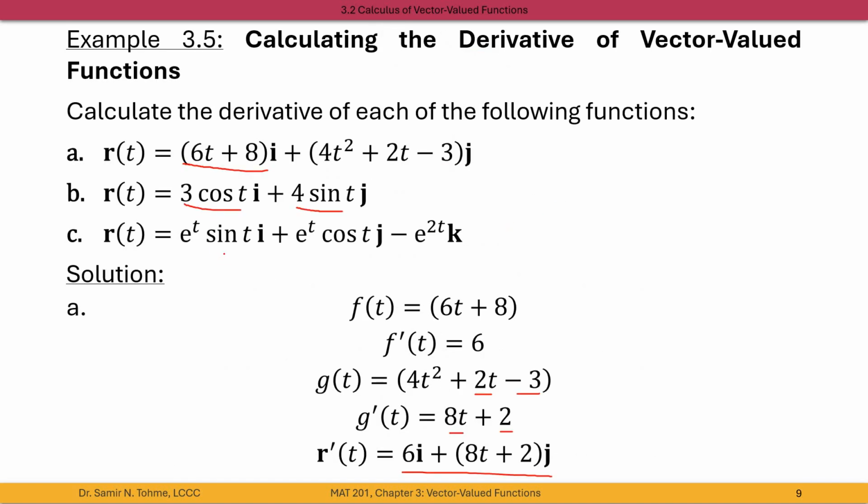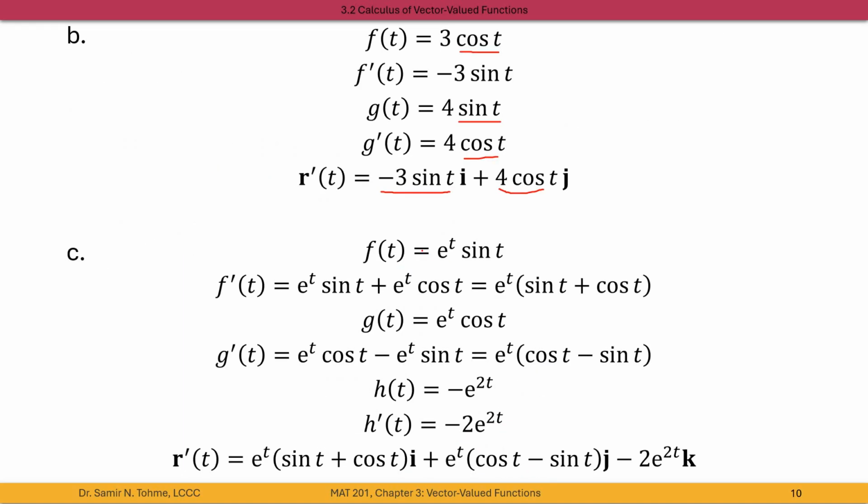The third part is a three-dimensional vector function, and we have all three components. So we will do the derivative for each one alone, and then we add them at the end. The derivative of e^t sine t, we will say that let the first factor be u, and the second factor be v.